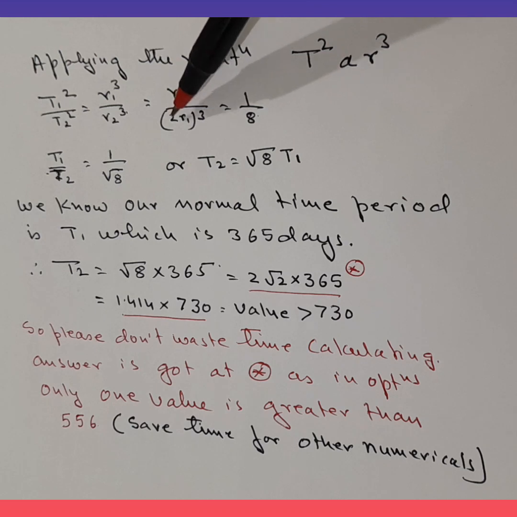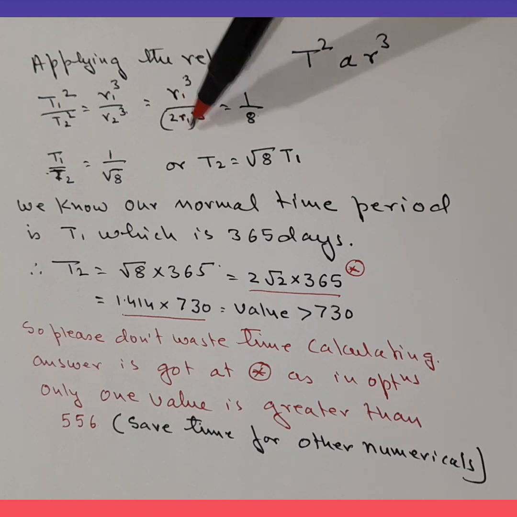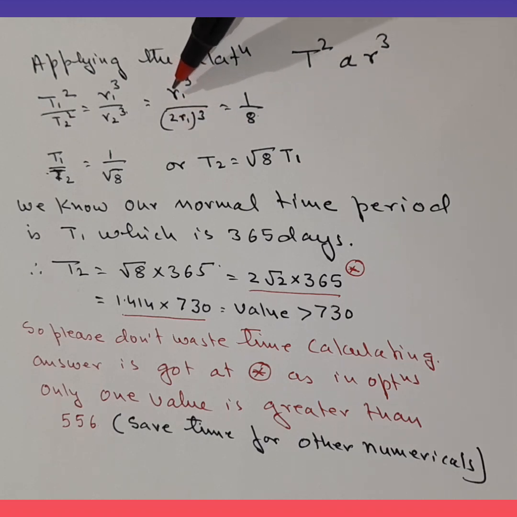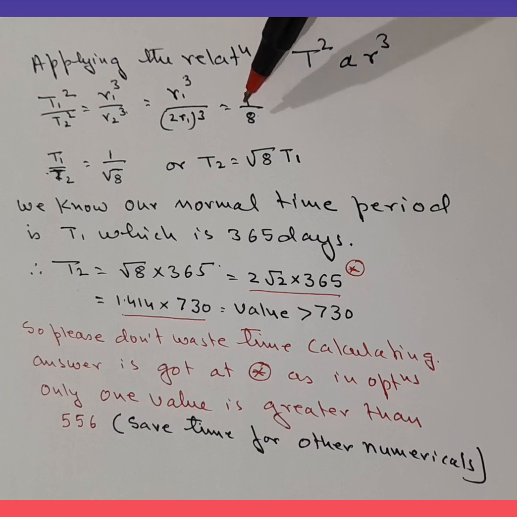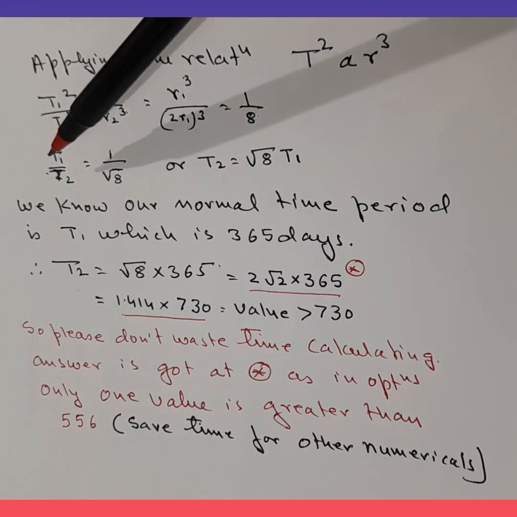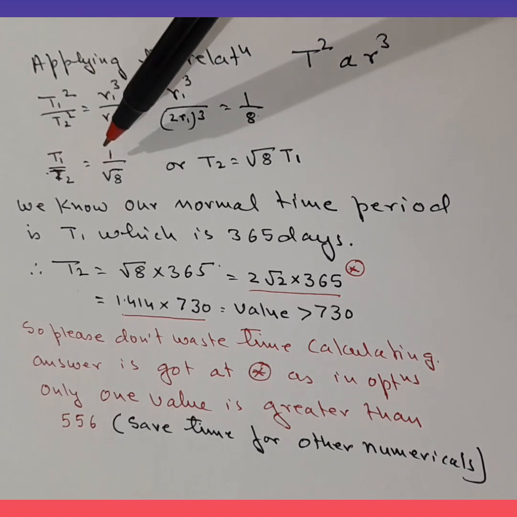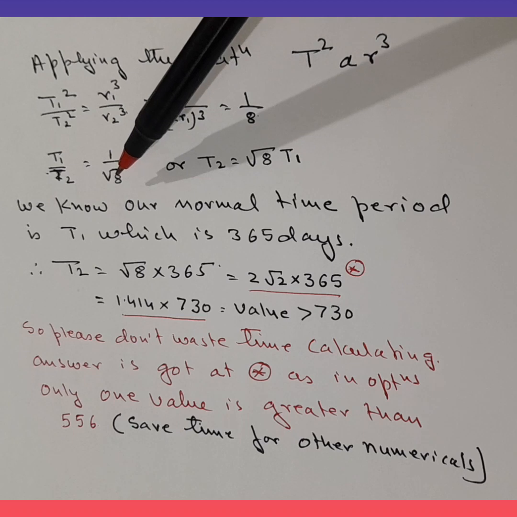So r1 cube upon 2r1 the whole cube. This gets 8 r1 cube. So r1 cube gets cancelled, and we end up with 1 over 8. Now if I square root both the sides, it becomes t1 by t2 is equal to 1 upon root of 8.